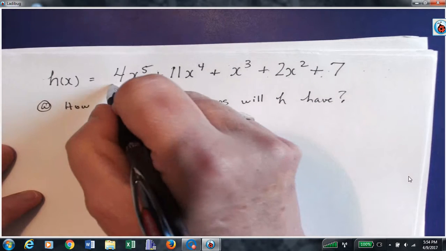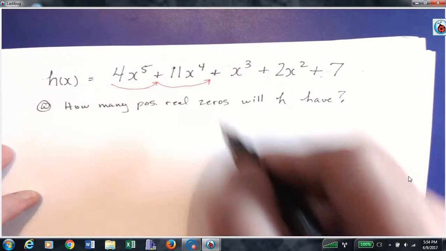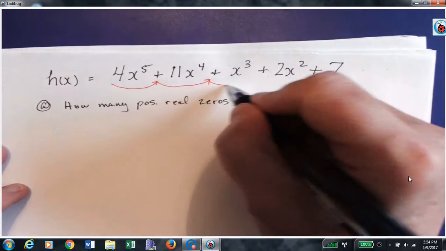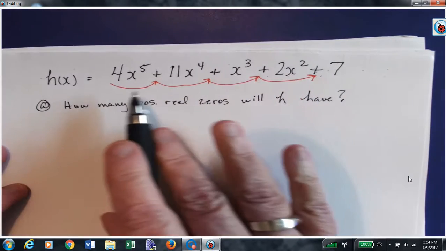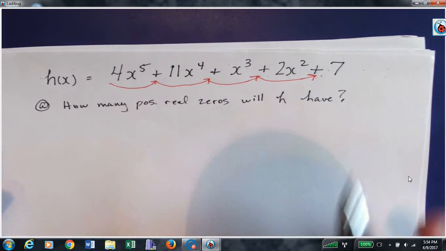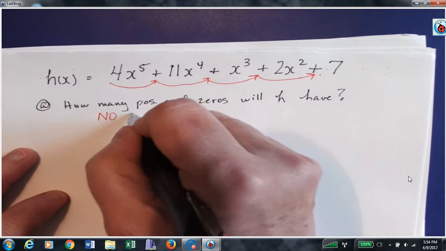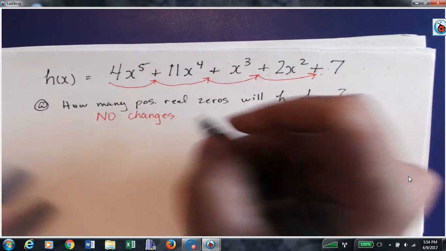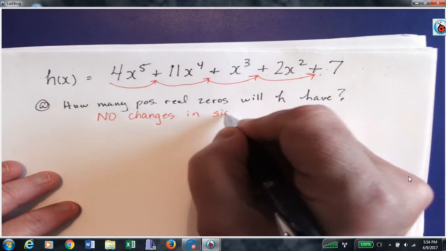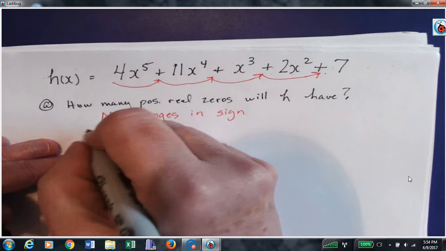So I go from positive to positive, no change. Positive to positive, no change. Again, no change. No change. I have gone all the way through, and there was no change in sign. There have been no changes or variation in sign. And that means that h has no positive real zeros.